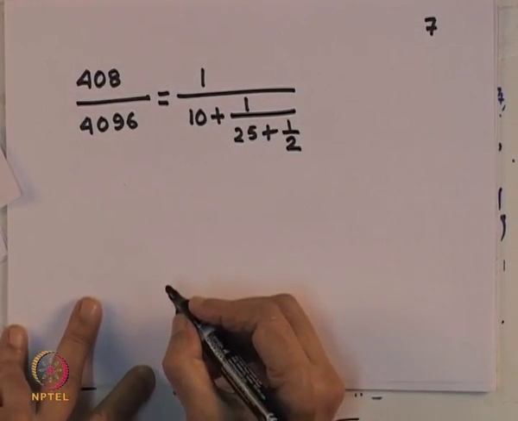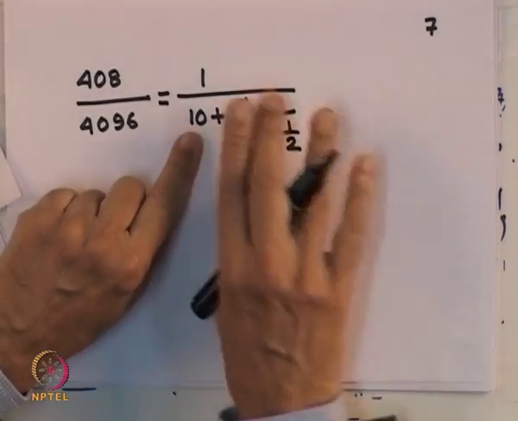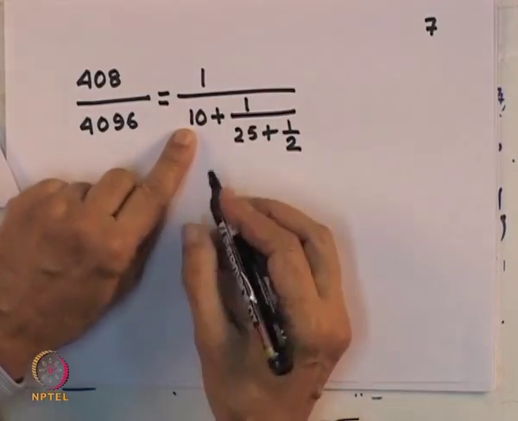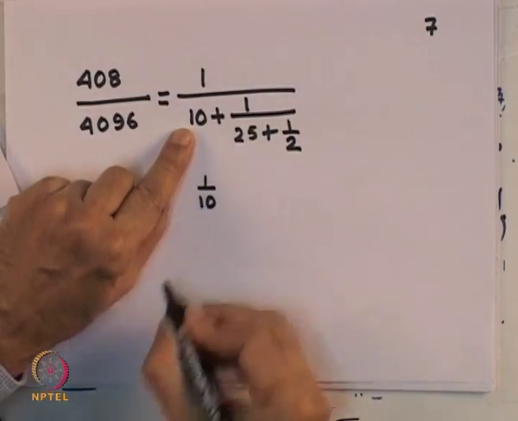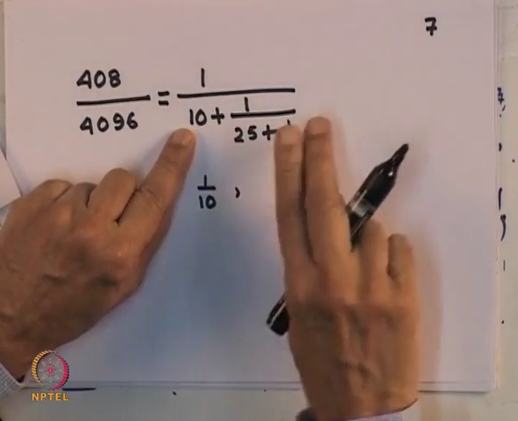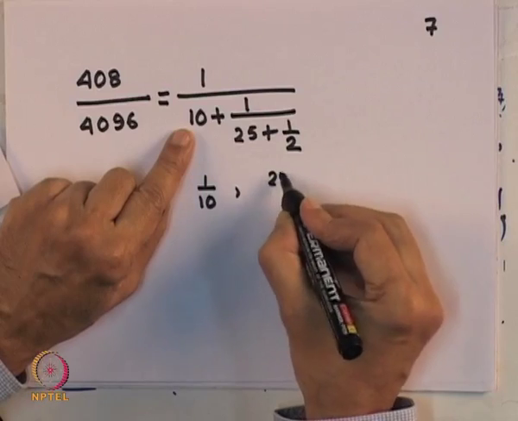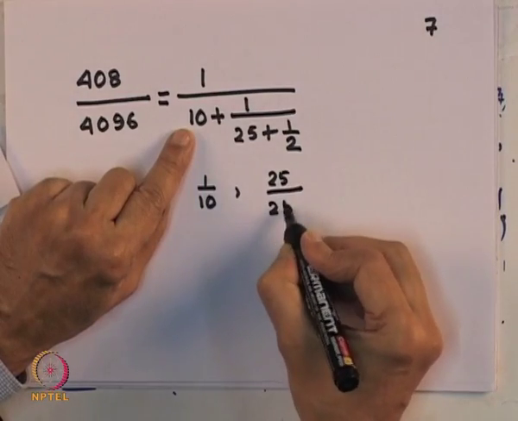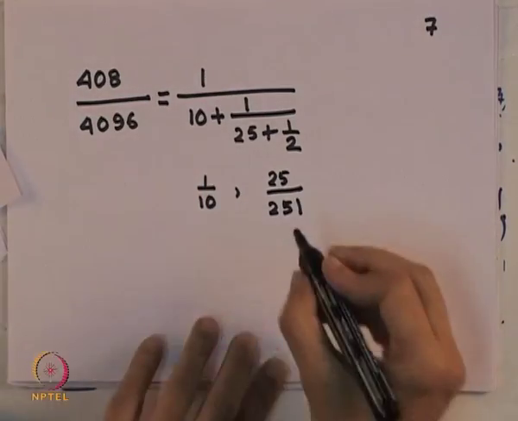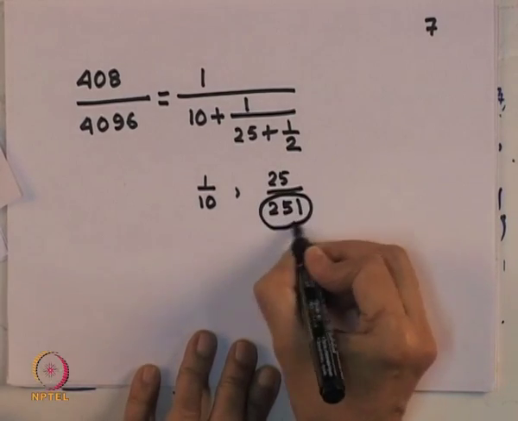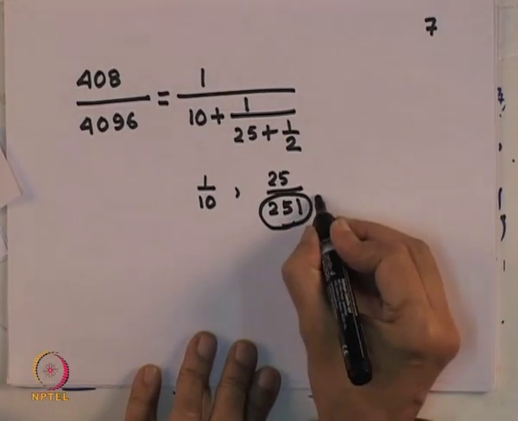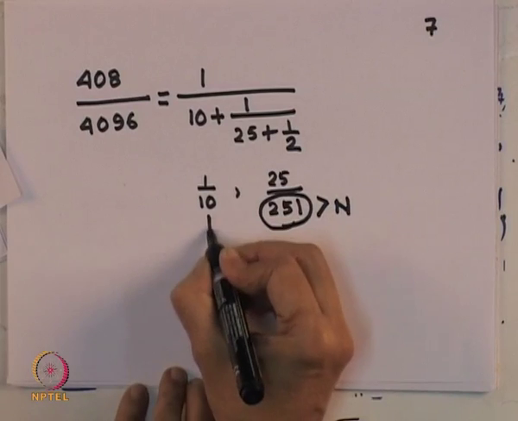So what are my various convergents? My first convergent is simply 1 by 10. The second convergent is obtained by removing this, and will then be 25 by 251. But by this time, this has already exceeded n. So therefore, I stop at the first convergent.